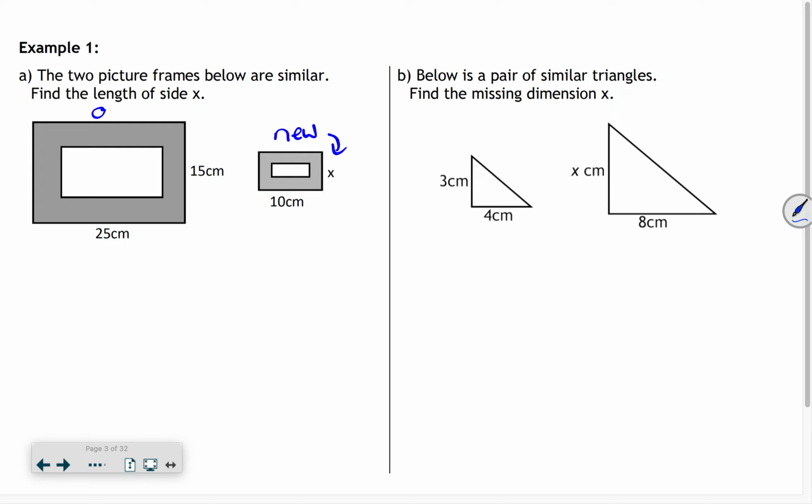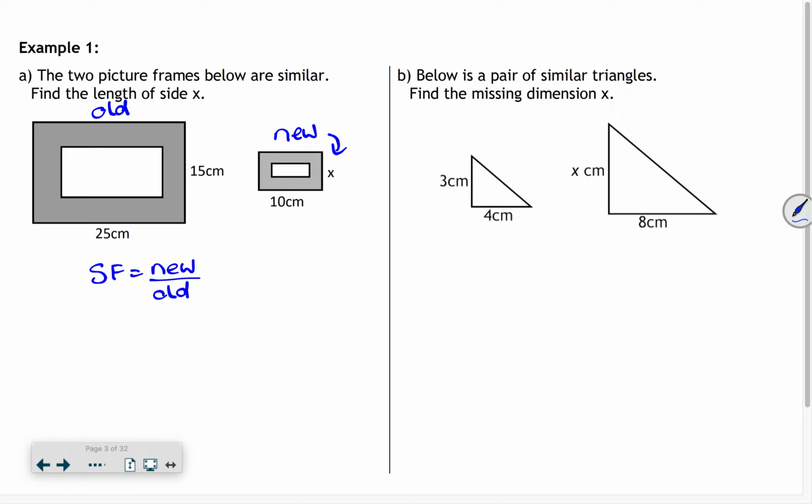So the big one is the old one, the new one is the smaller one. First thing I want to do is work out the scale factor, which is going to be new over old.